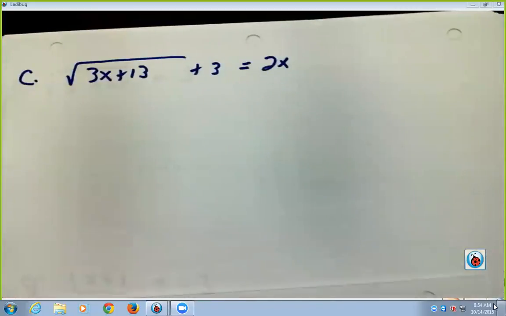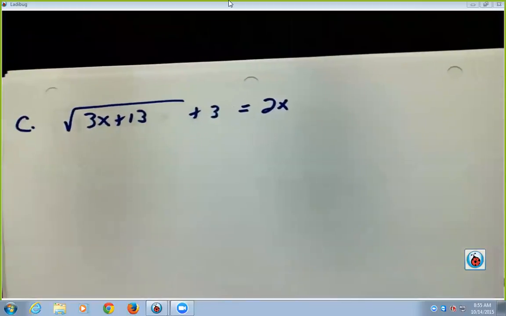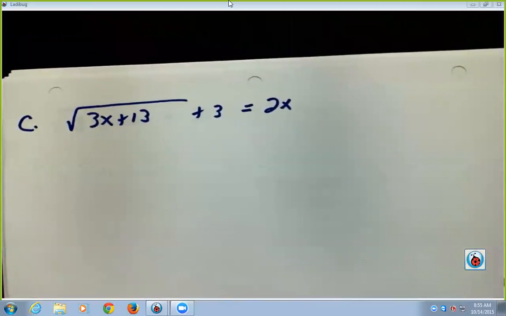Okay. Why don't you guys try this one? First one, we got to move something over. So get that one written on your paper, and I'll give you some time to work on it. And we'll see if we can get a correct answer to it.